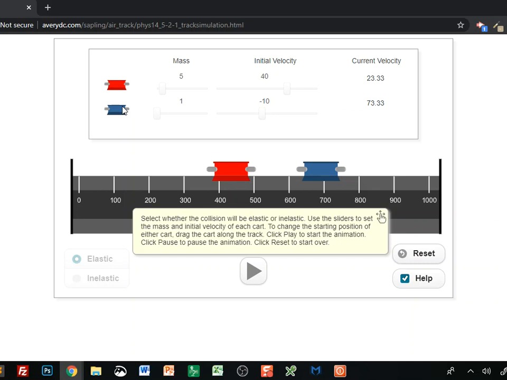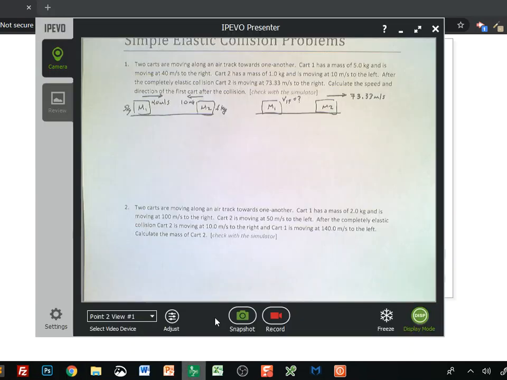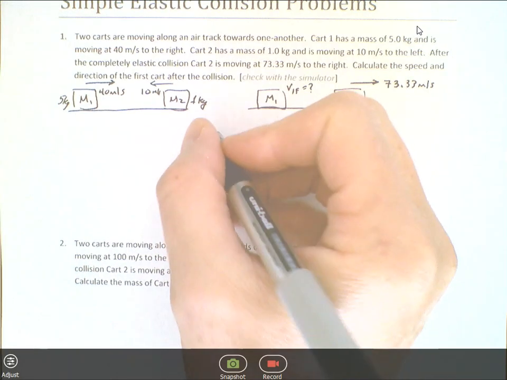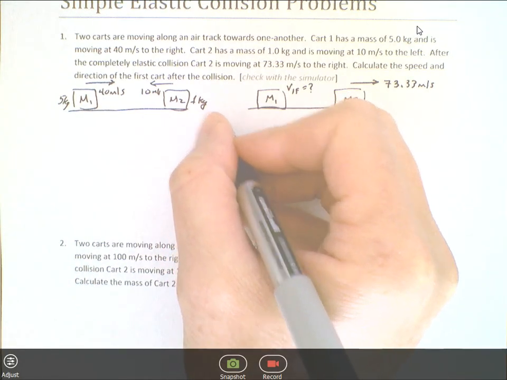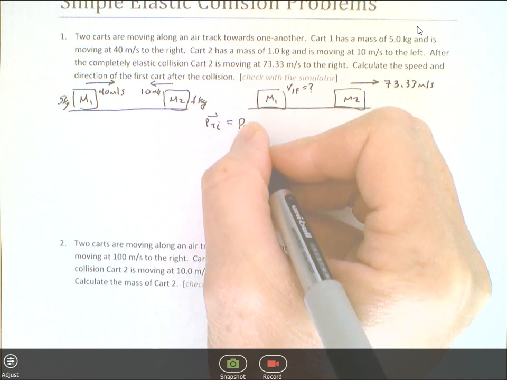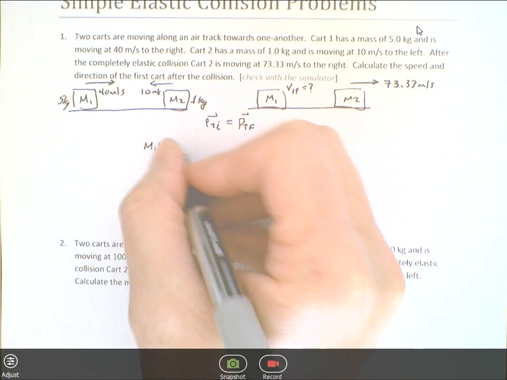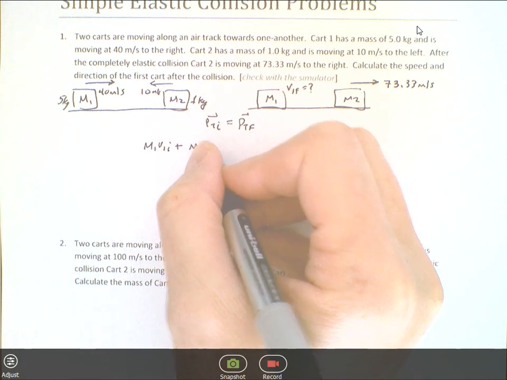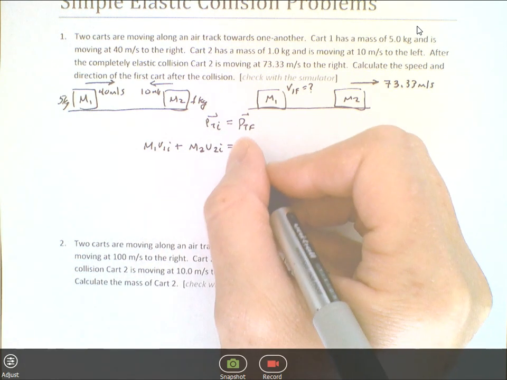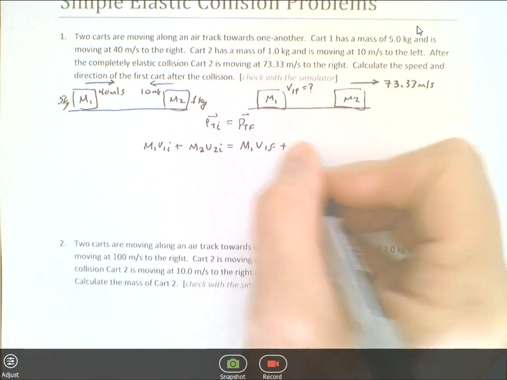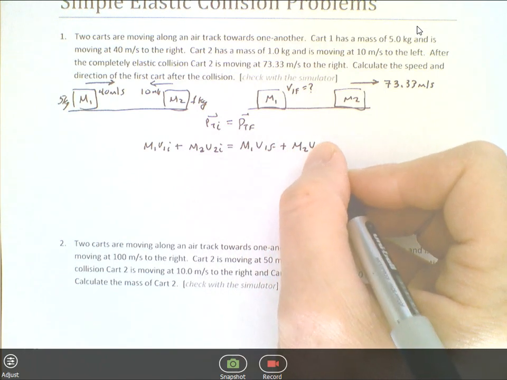So you just go to your solution and you just start working through. You just put in PTI equals PTF, like this.